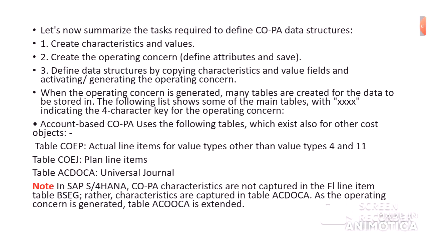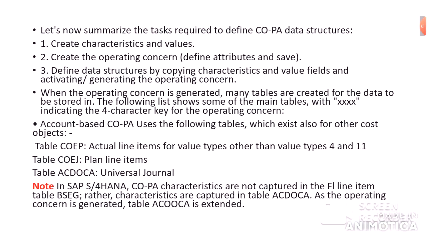When the operating concern is generated, many tables are created for the data to be stored in. The following list shows some of the main tables, with XXX indicating the 4-character key for the operating concern.